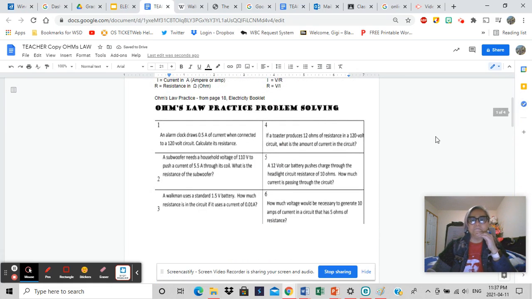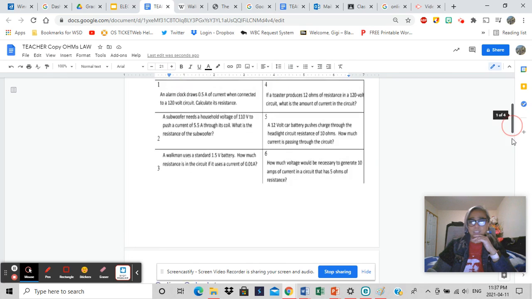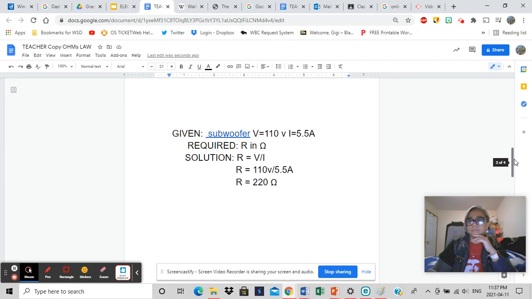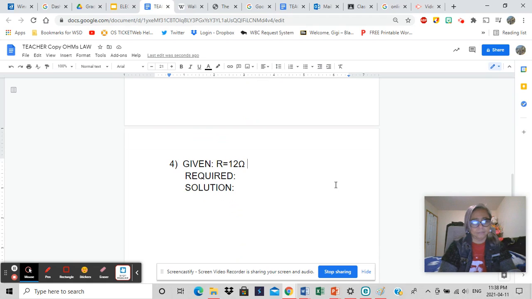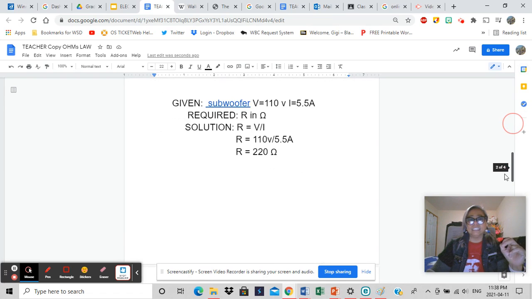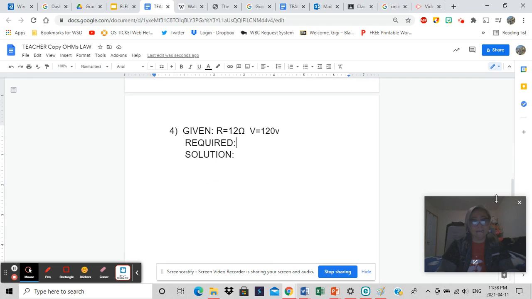It says here in a 120 volts. So V is 120. And I'm pretty sure I is now asked. But let's see how this is worded in the problem. It says here, what is the amount of current in the circuit? So amount of current, of course, would be the letter I.